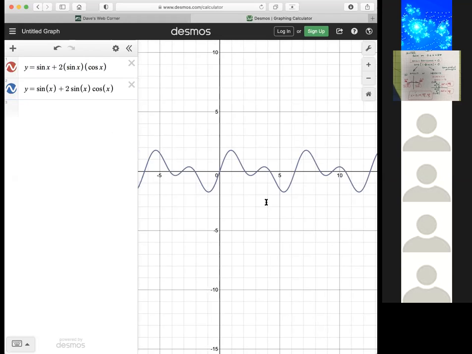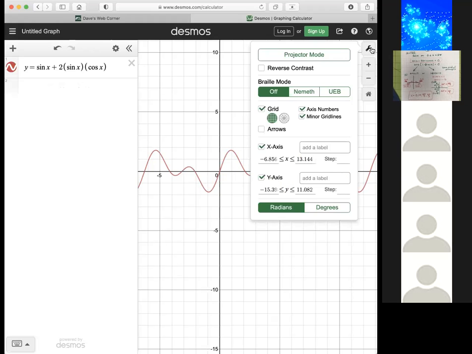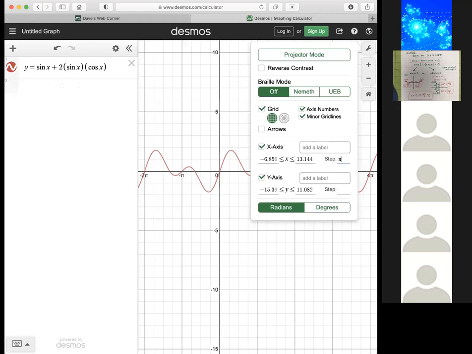Now, what about the 4 answers? I guess I'm going to get rid of the blue one for right now. They are the same graph. So let's not have more writing than we need. But 0 to 2 pi, no, it's not thinking in terms of pi, right? So I'll tell this to think in terms of pi. My answers involved pi over 3, right? Let's see if I can tell it to think in terms of pi over 3.